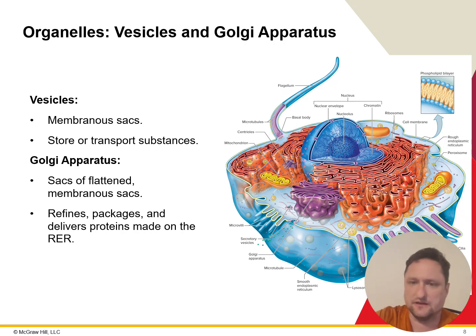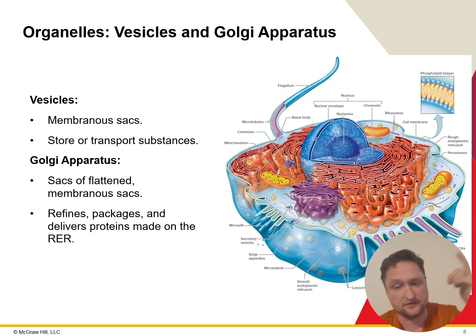So the Golgi apparatus, which is often likened to a cellular post office, consists of these flattened, in the picture, purple membrane sacs that refine, package, and direct proteins to their proper destination. They modify proteins by adding carbohydrates or phosphates, creating glycoproteins or phospholipids.